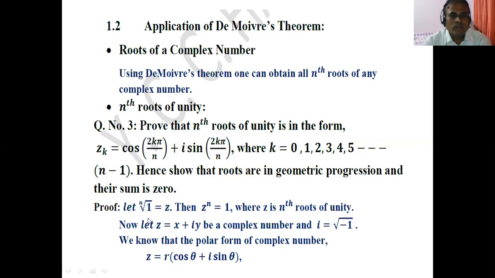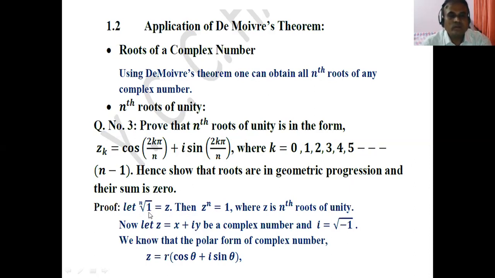Here, let us denote the nth roots of unity, that is, 1 raised to 1 by n, equal to the complex number z. Let 1 raised to 1 by n equal z, where z is a complex number.